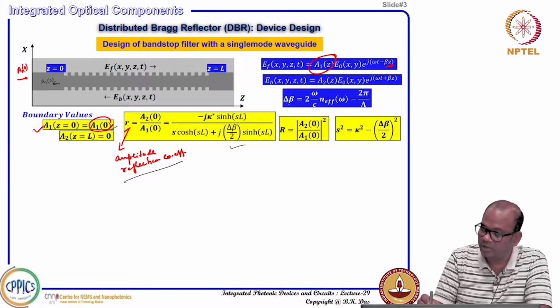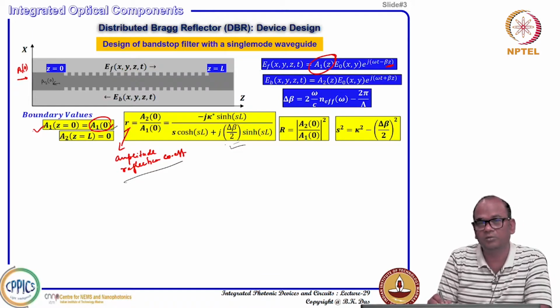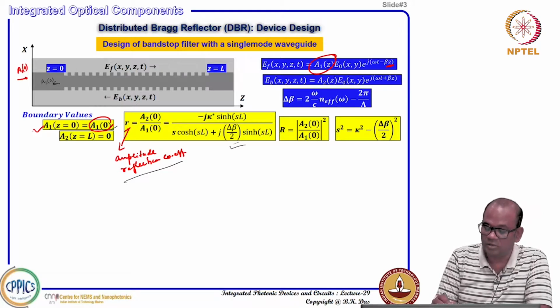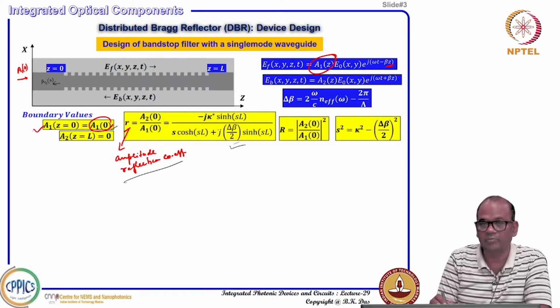When delta beta is 0, the second term in the denominator will not be there, and in that case the reflection coefficient is a tan hyperbolic.